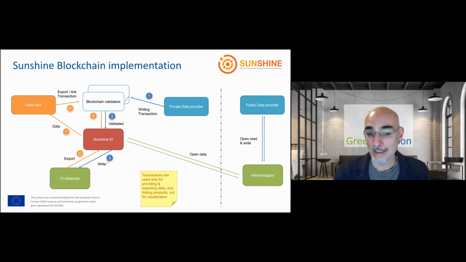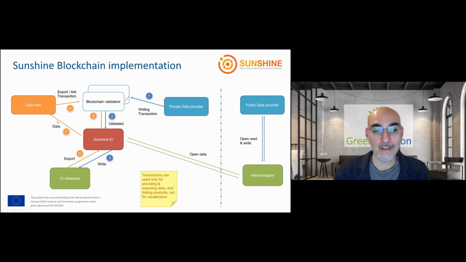Then if a user of the Sunshine infrastructure wants to supply data for a specific product, this generates a transaction. They write the data, this generates a transaction, and the validators validate the transaction. If it is accepted and validated, then it goes to the database, and the ledger records this transaction. So we know who provided the data, when, and everything.